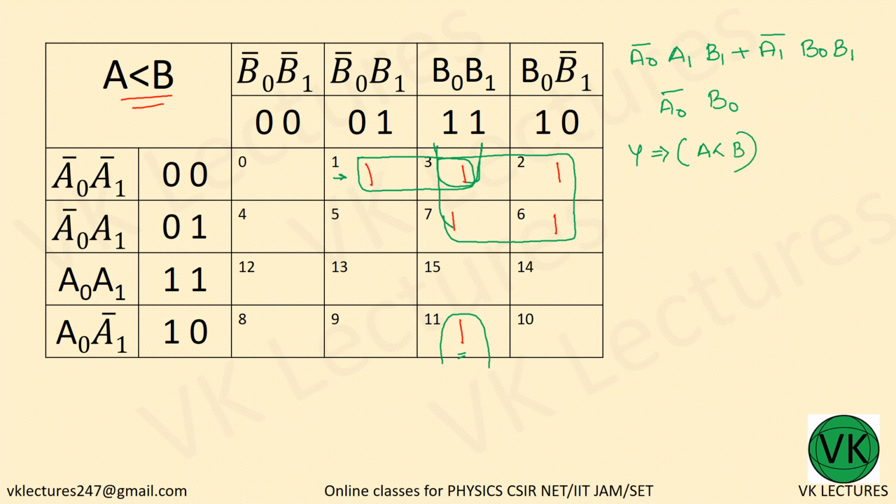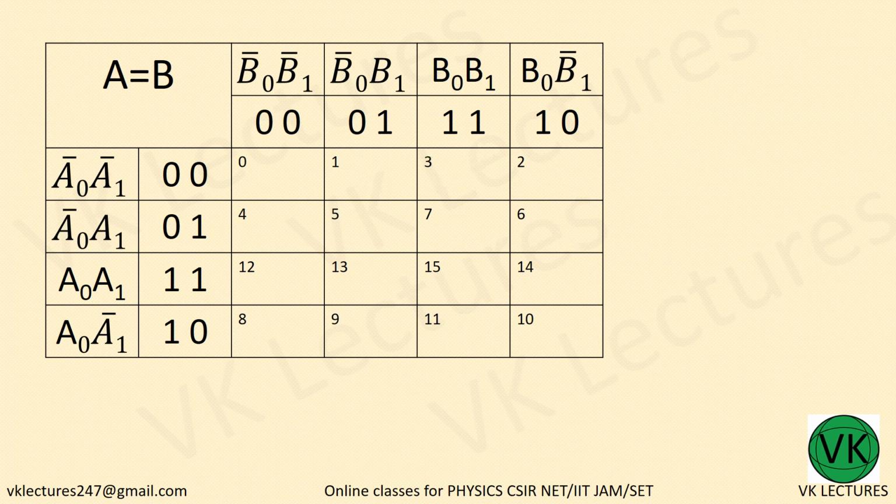So that is the output. Now coming to A equal to B. Now this is the K map for A equal to B, and for A equal to B, the places are 0, 5, then 15 and finally 10.